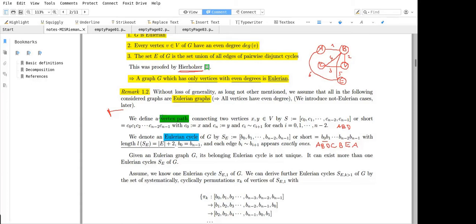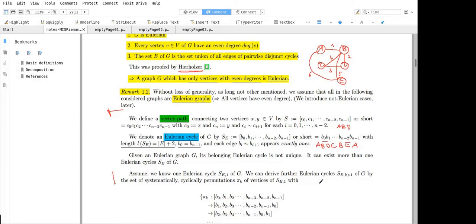Additionally, if you have an Eulerian cycle, we always write it such that the first vertex of our cycle has to be also the last vertex, like here it's A. So B0 and Bn minus 1 have to be the same thing. Finally, what we also see is that the way we write it is not unique.